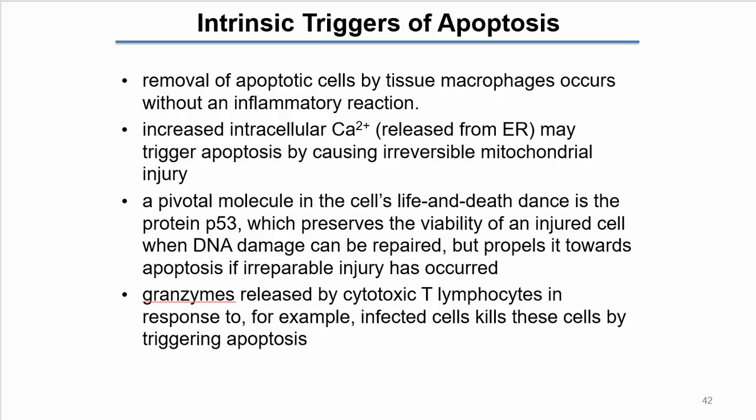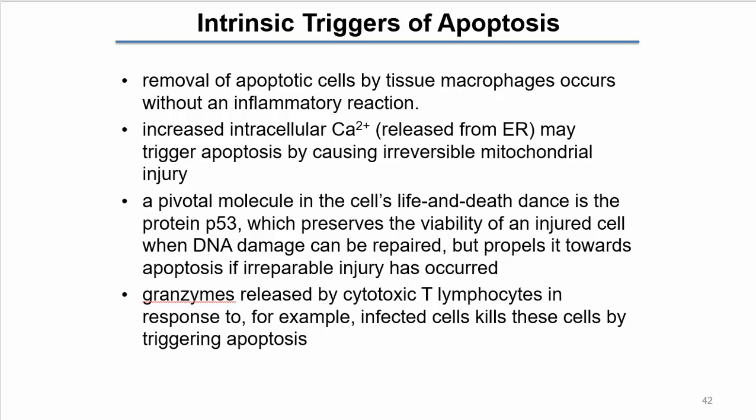Now, one of the big triggers of apoptosis is intracellular calcium levels. When intracellular calcium levels go up, then mitochondrial injury happens and all that stuff that we talked about. When it reaches a certain point and it's irreversible, then that signals apoptosis.